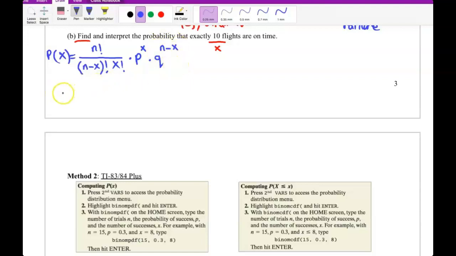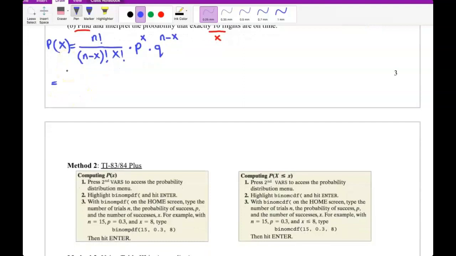Okay, so that is equal to n as 15. So on top it is 15 factorial divided by (n minus x), which is (15 minus 10) factorial, which is 10 factorial, times x factorial.